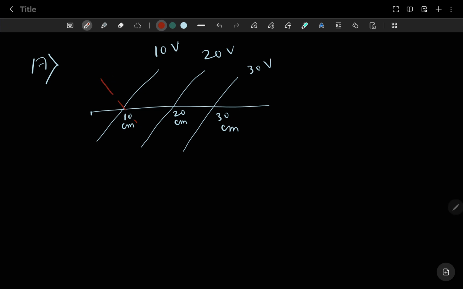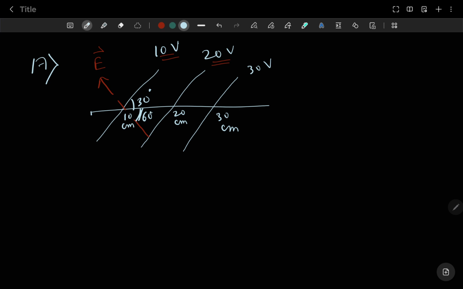We know this. The electric field will be like this, from higher to lower potential, perpendicular to the equipotential surfaces. So this will be the direction of the electric field. Now it is given here 30 degree, so this angle is 60 degree.